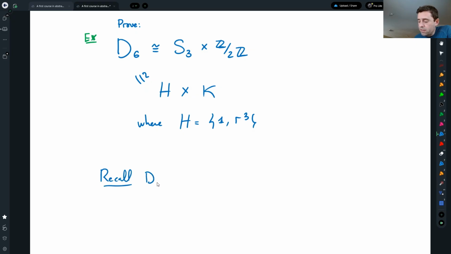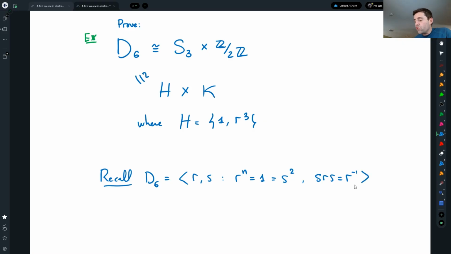Recall that D6 is generated by two elements, r and s, a rotation that has order n, a reflection that has order 2, and such that srs is r inverse.